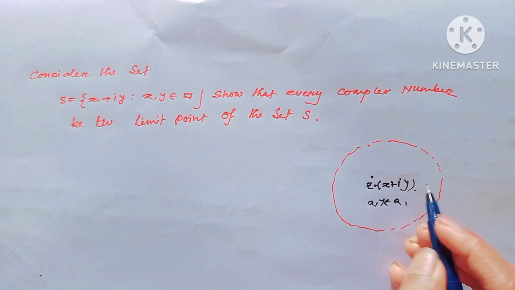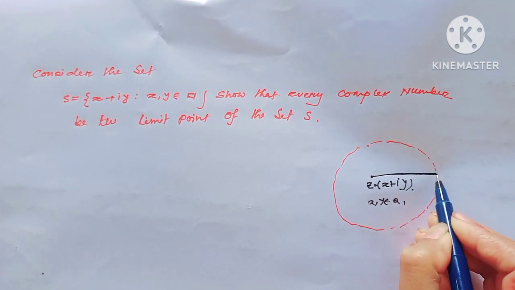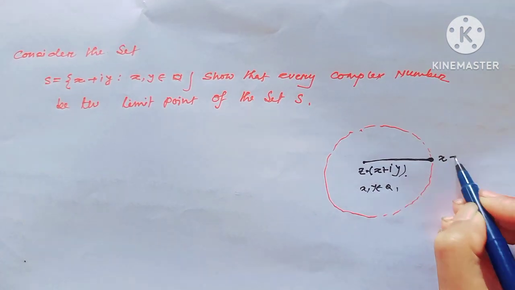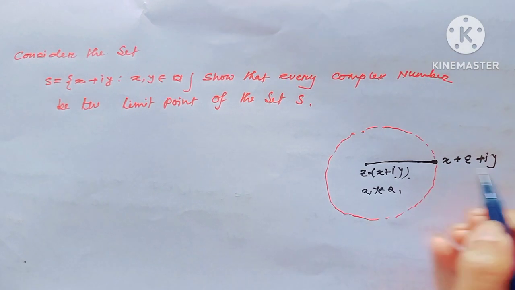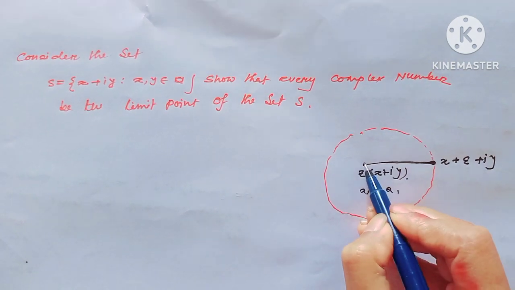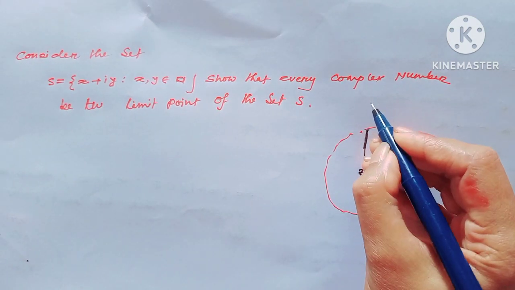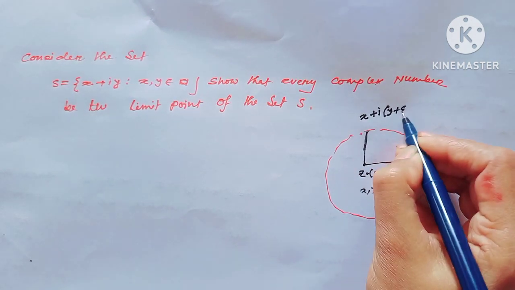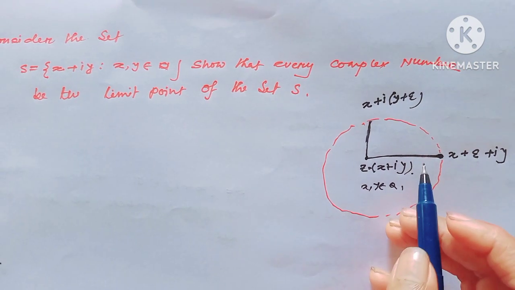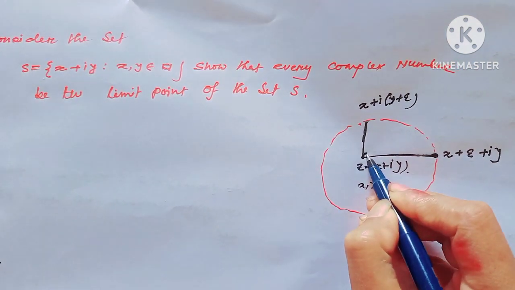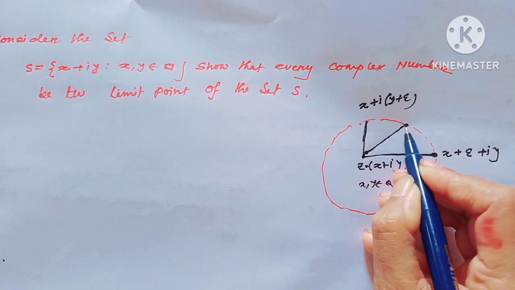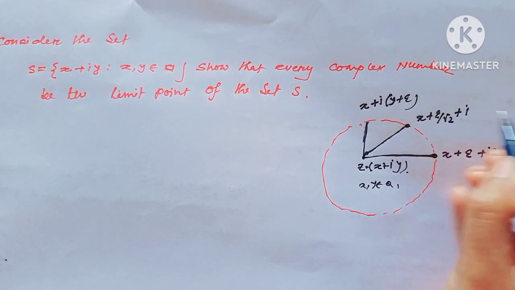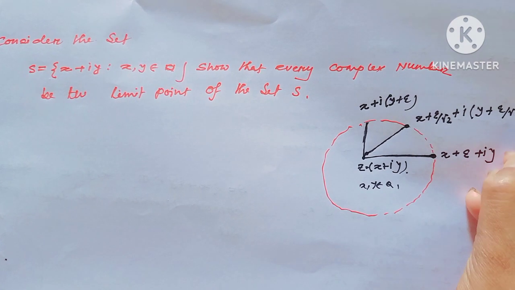Then the point which touches the horizontal axis would be x plus epsilon plus iy, and the point which touches the vertical line would be x plus i times y plus epsilon, and the coordinate of the point at a 45-degree angle to the horizontal on the boundary would be x plus epsilon over square root of 2 plus i times y plus epsilon over square root of 2.